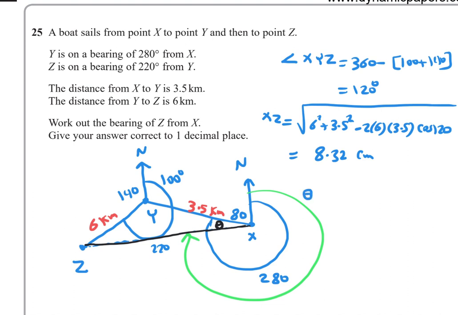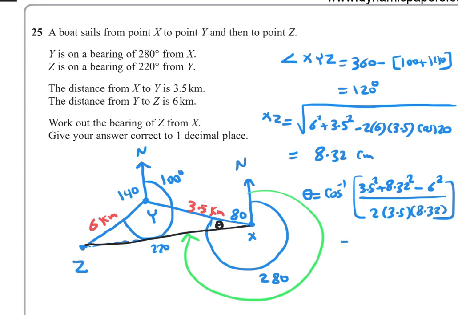So theta equals cosine inverse of 3.5 squared plus 8.32 squared minus the opposite, which is 6 squared, over 2 times the two adjacent sides 3.5 and 8.32, which equals 38.7 to 1 decimal place.